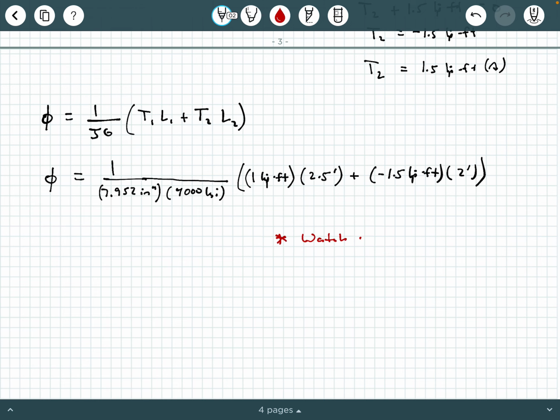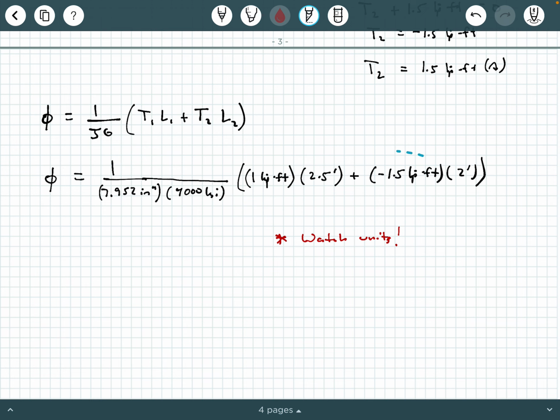Watch the units, okay? What has gone wrong here if we're not careful? Well, we have inches to the fourth, and then we have times kips per square inch. So the units of this denominator end up being kips times inches squared, right?